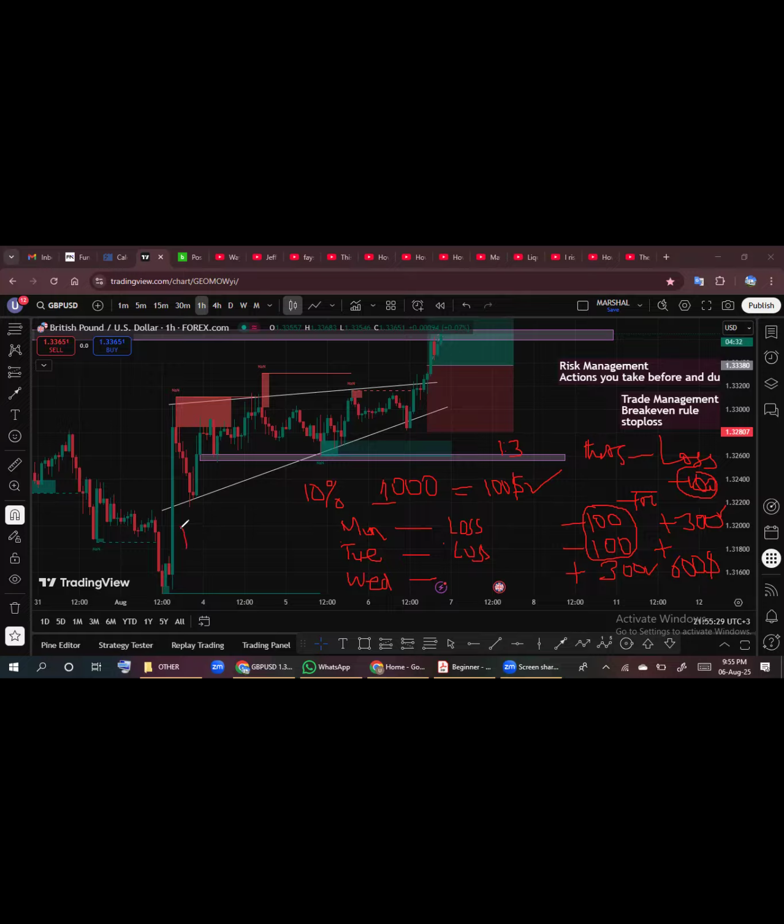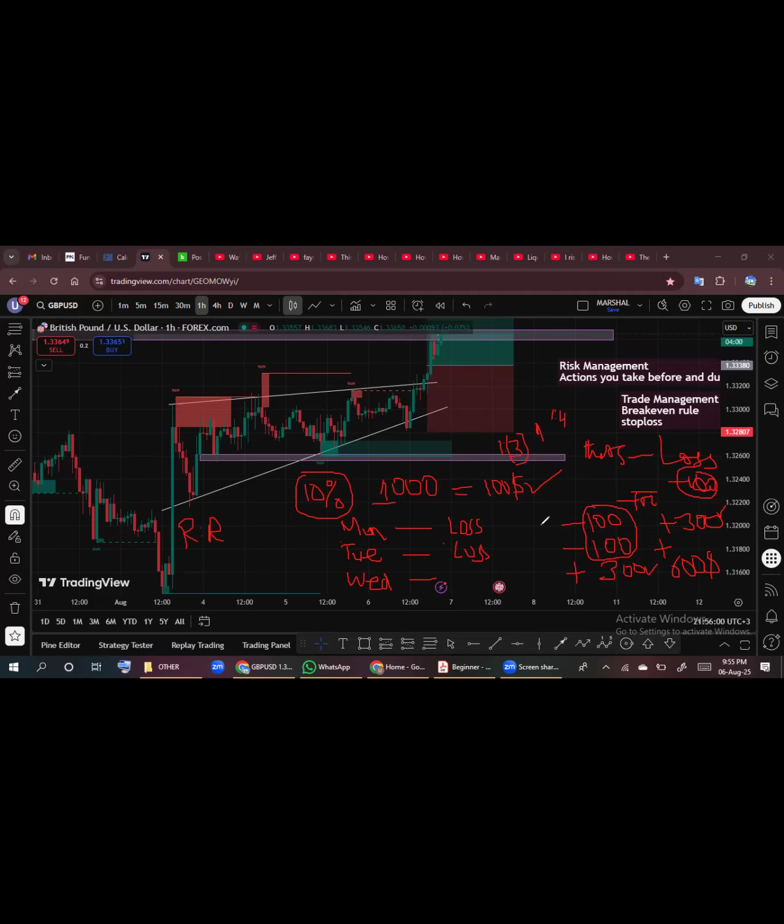This is why risk to reward is important. Don't joke with it. So if you keep your risk percentage fixed and your risk to reward, because sometimes 3 is even, let's say, the average. Maybe you can get even 4 for a trade, 1:4 risk to reward.